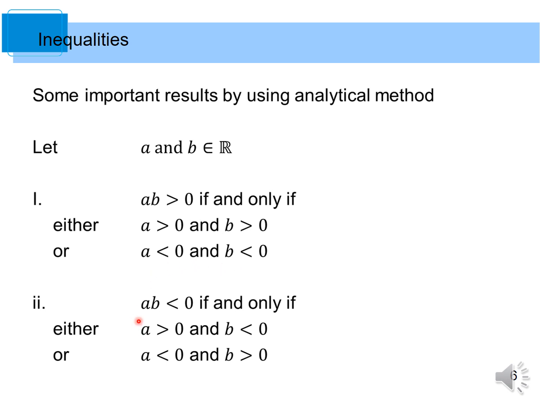For the second statement, the multiplication of a and b is a negative value if and only if a is a positive value but b is a negative value, or a is a negative value and b is a positive value.